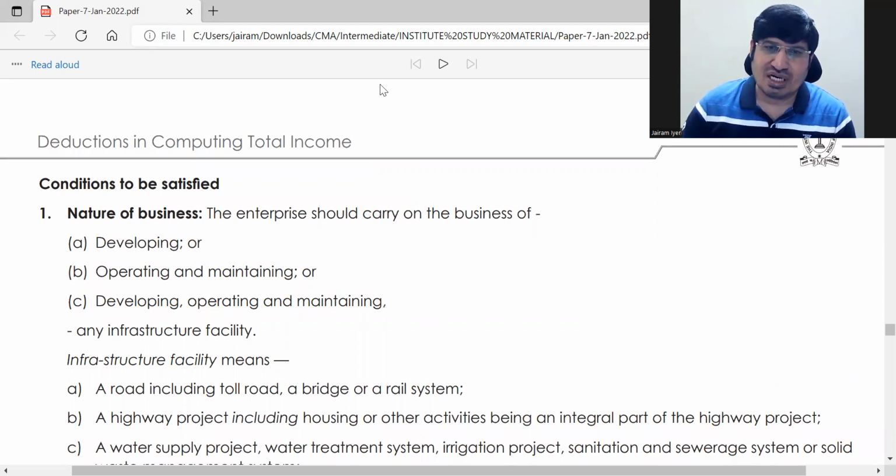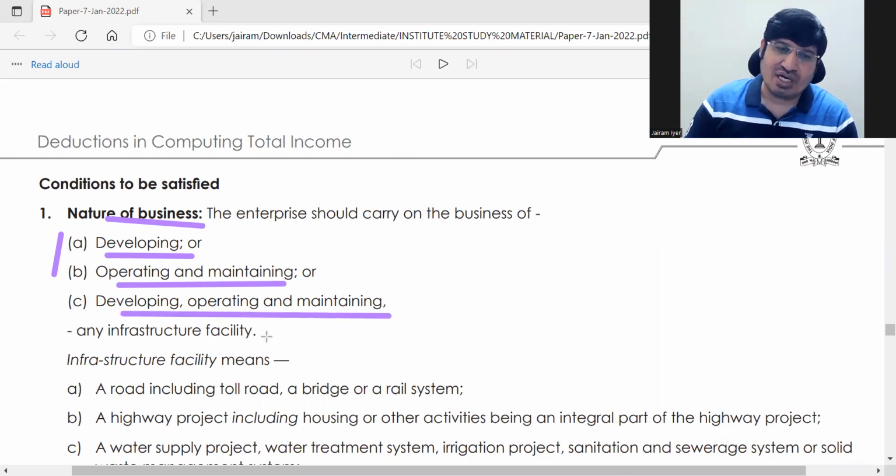Now, what are the conditions? So nature of business: it should either develop, operate and maintain, or both of these together. That is, developing, operating and maintaining what? An infrastructure facility. So basically here, who will get deduction?